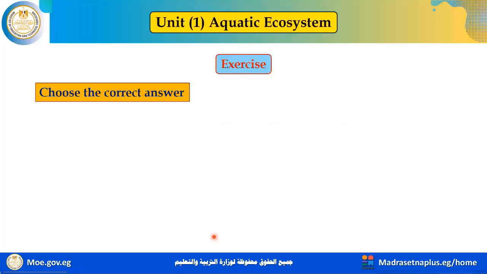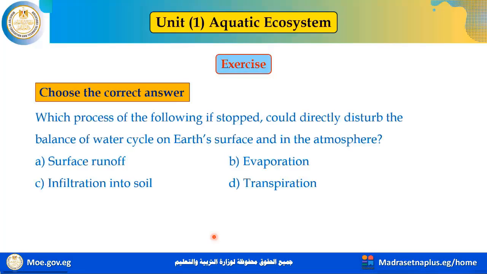Let's go for another one. Which of the following processes, if stopped, could directly disturb the balance of the water cycle on the Earth's surface and in the atmosphere?